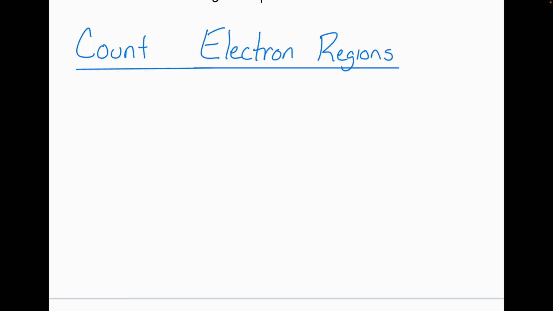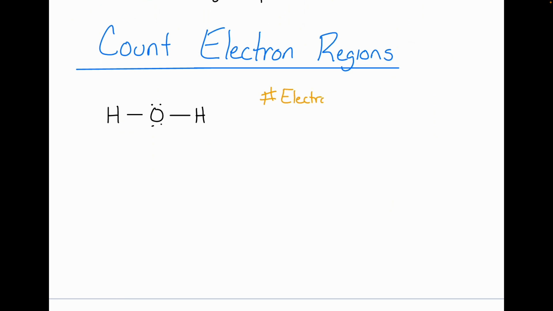Given a Lewis structure, let's take one of the first ones we picked apart here, water. We need to be able to count the number of electron regions in this molecule, specifically about that central atom. Your central atom is what's going to dictate the overall shape of the molecule.